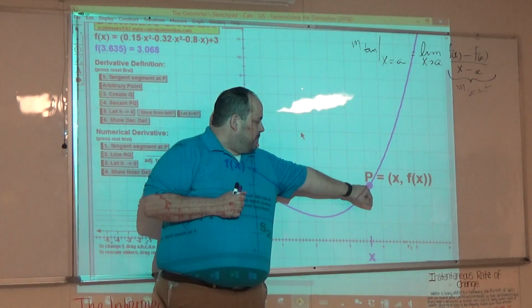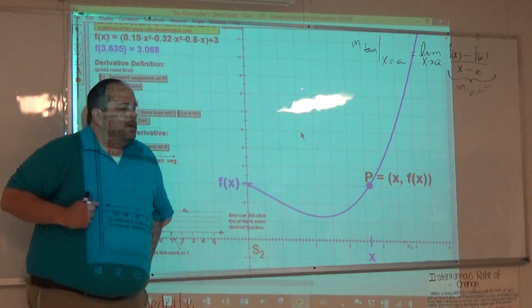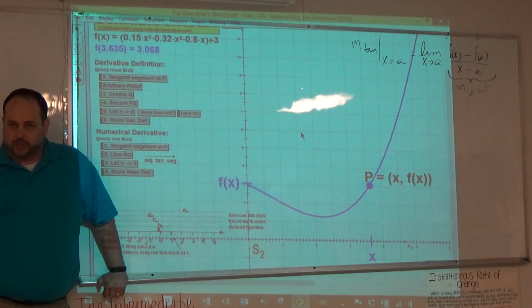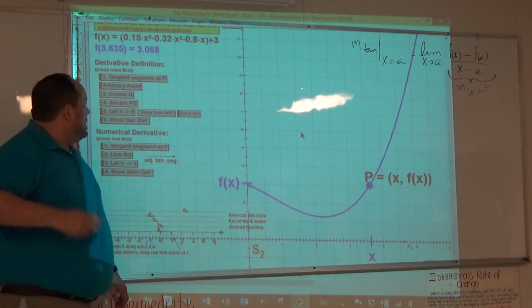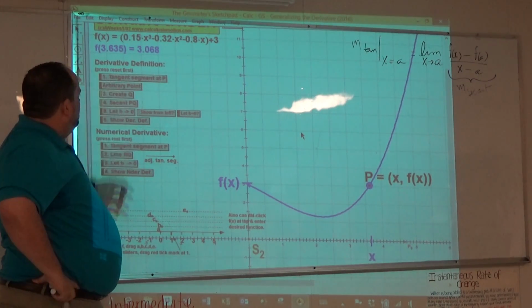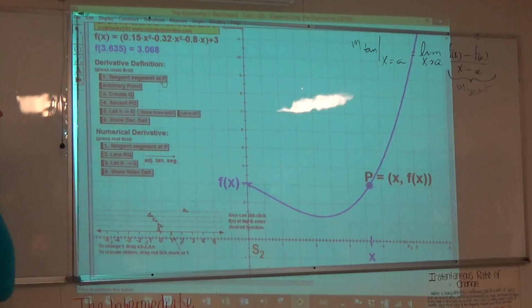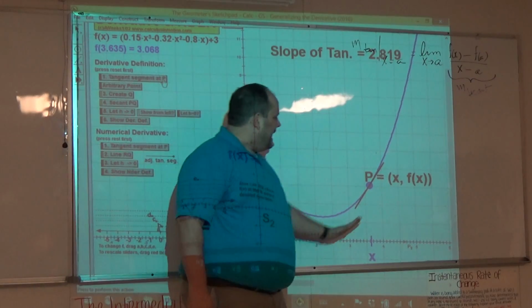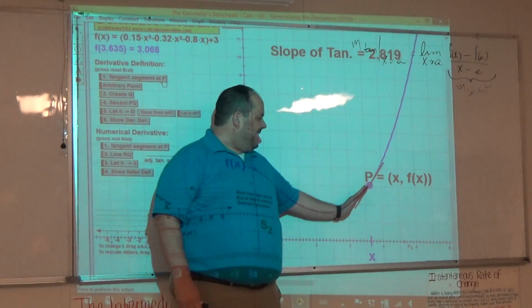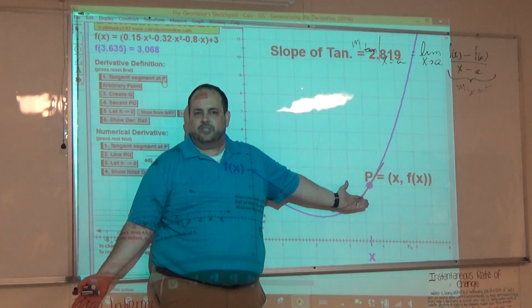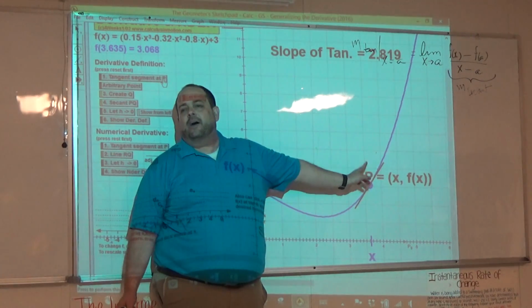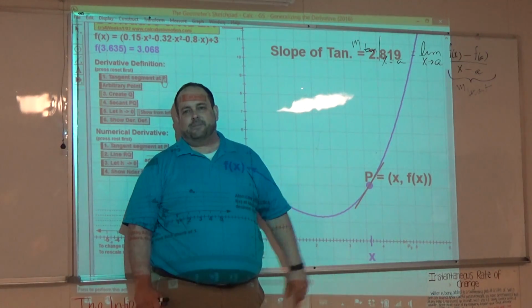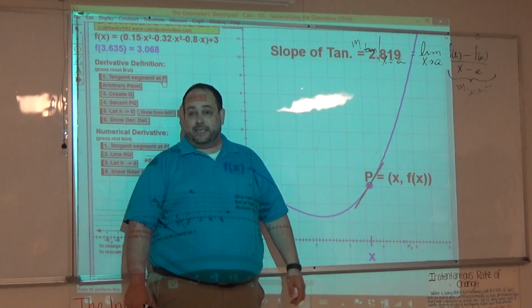I'm interested in this point P, which I'm going to call the point of tangency. David, what I would like for you to do is click option 1 where it says tangent segment at P. Can you see the tangent segment? This little black line. The goal is to find the slope of the tangent line at point P. Now, for all of you that can see up there, you're like, I know what the slope of the tangent line is.